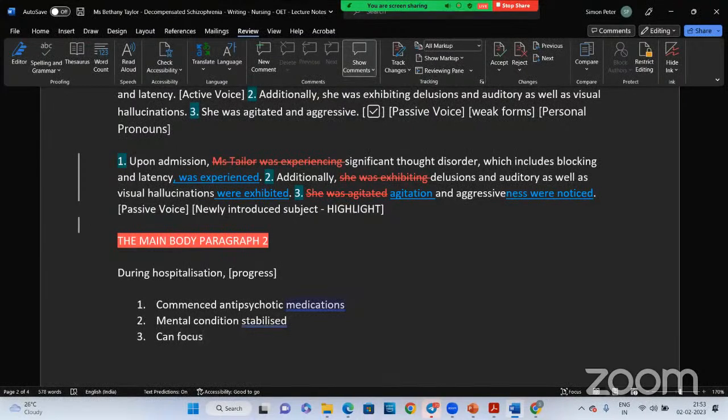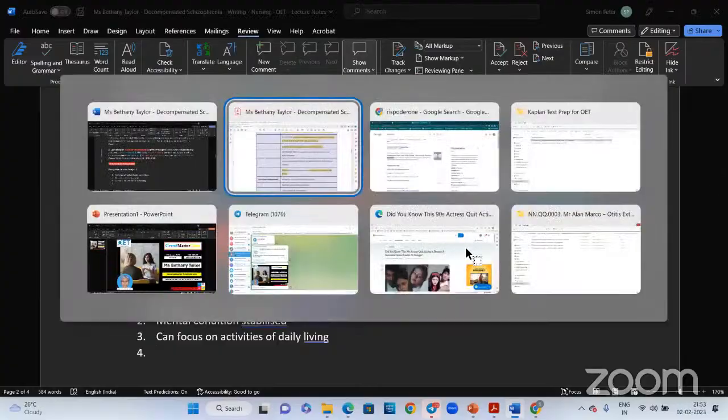Many people say "can be able" or "I can able to." It's wrong. Say can or able to. Remove able to and put can, or remove can and put able to. Can focus on activities of daily living. This is the third point.